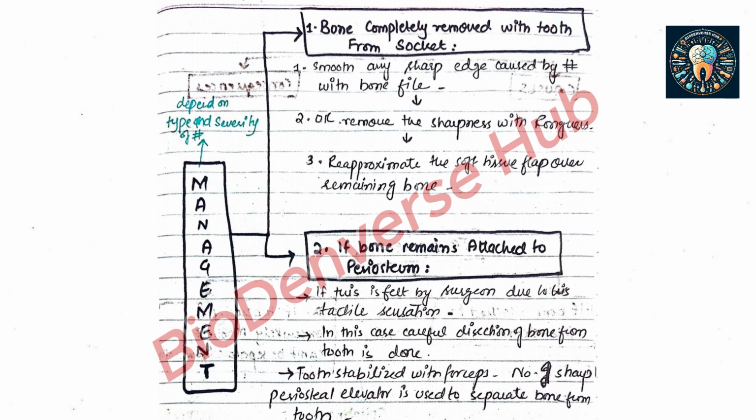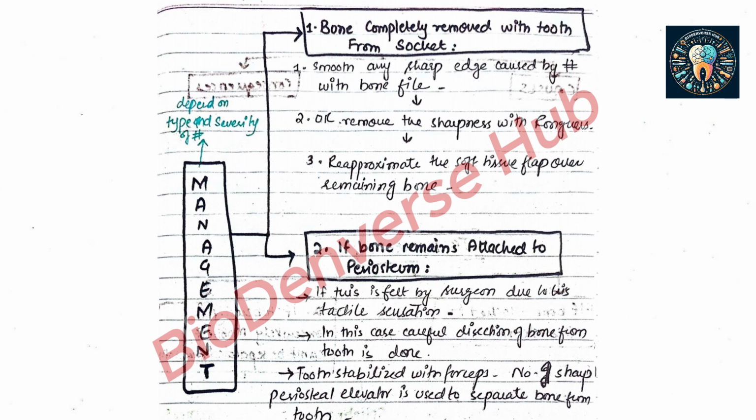Now in the second case, if bone remains attached to the periosteum, the surgeon usually feels it due to his tactile sensation that the bone is remaining attached to the periosteum. So in that case, careful dissection of the bone from the tooth is done.